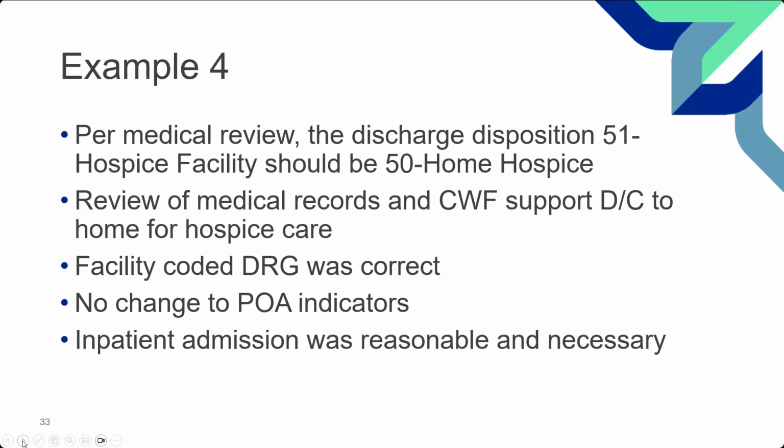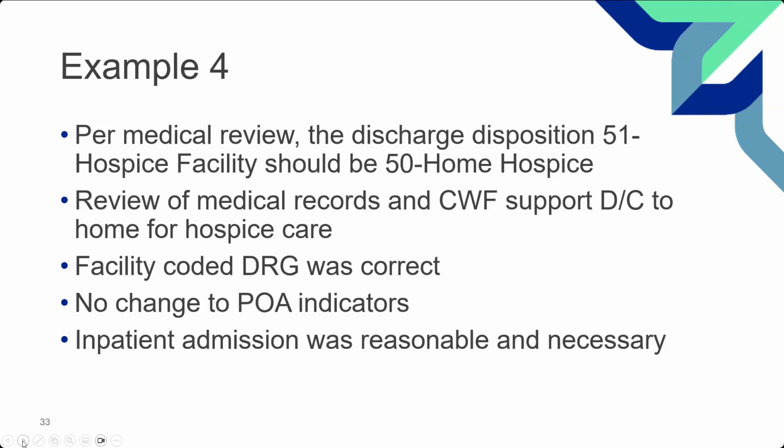So in this one, the medical review contractor reviewed this chart, and this claim had a discharge disposition of 51, which was hospice facility. So that's what the discharging facility coded, was this person was supposed to be going to a hospice facility. What they found on review of the claims was it should have been 50, home hospice.